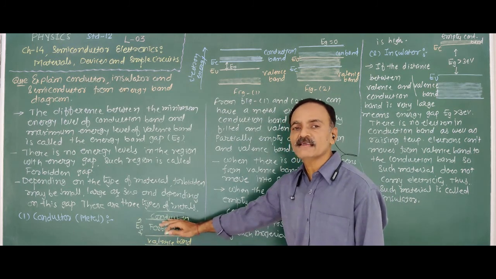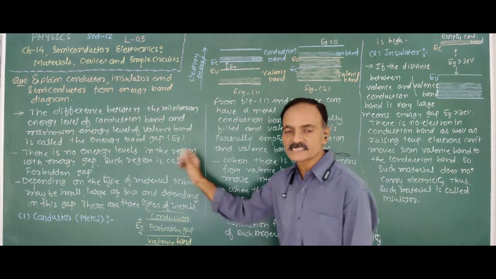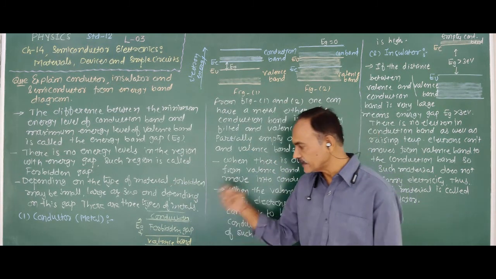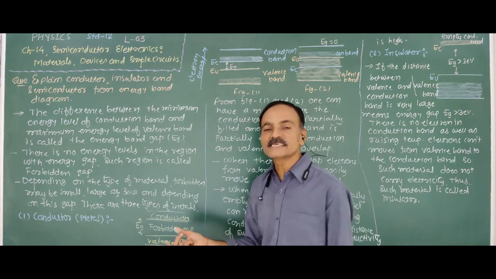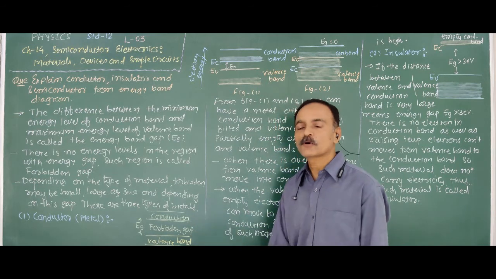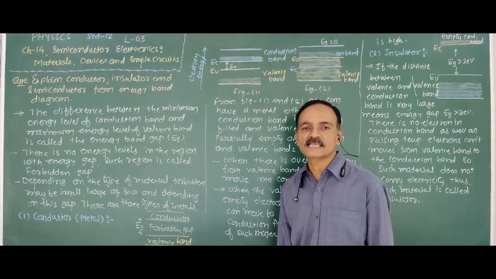There is no energy level in this energy band gap, and such a region is known as the forbidden gap. Whatever the empty region between the conduction band and valence band is, it is known as the forbidden gap.